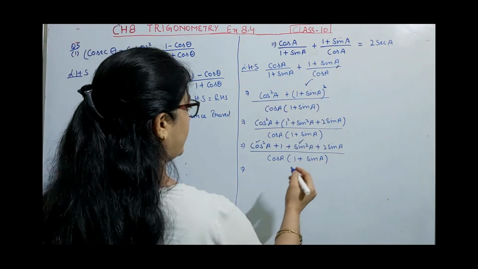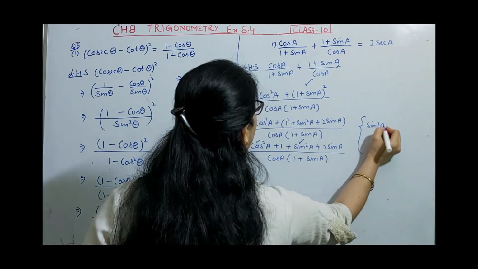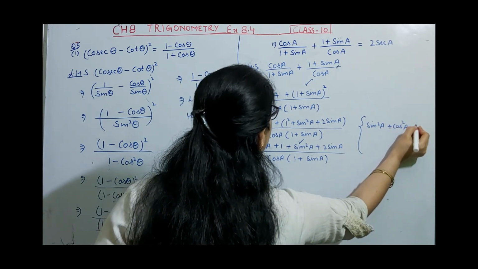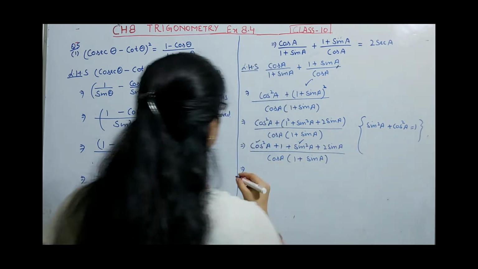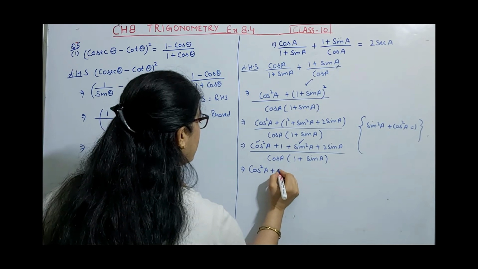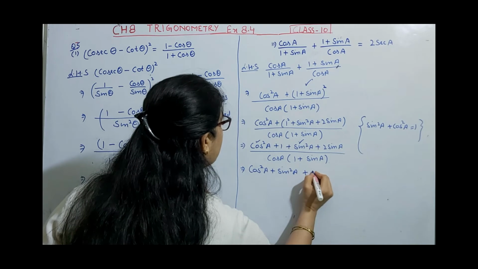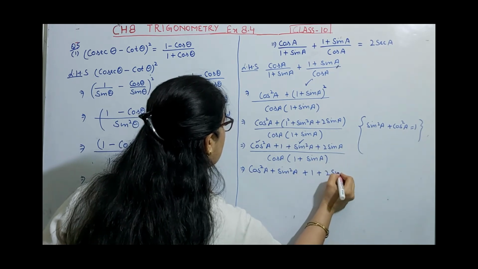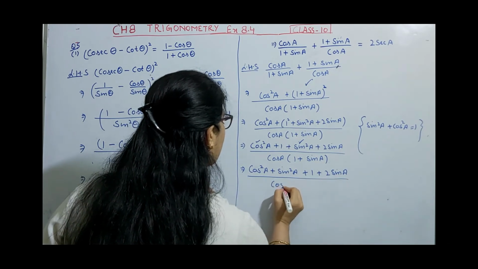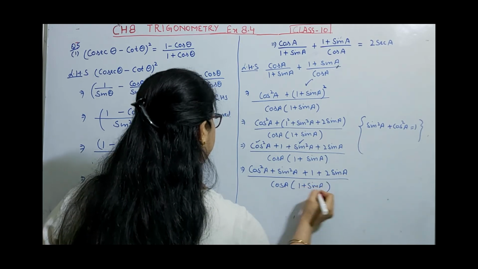This is the identity. Which identity? Sin square A plus cos square A is equal to 1. So cos square A plus sin square A, rearrange these terms: 1 plus 2 sin A over cos A (1 plus sin A).